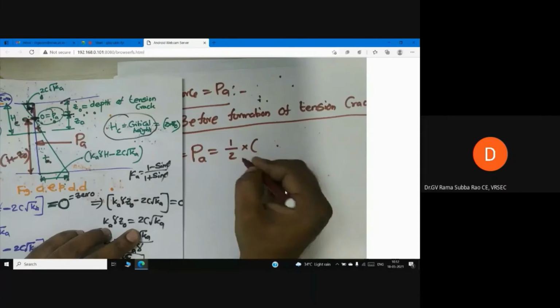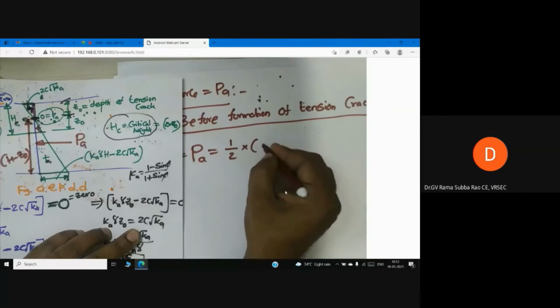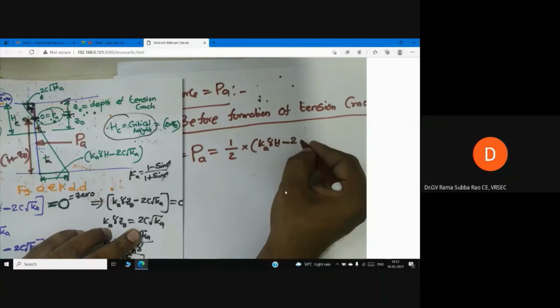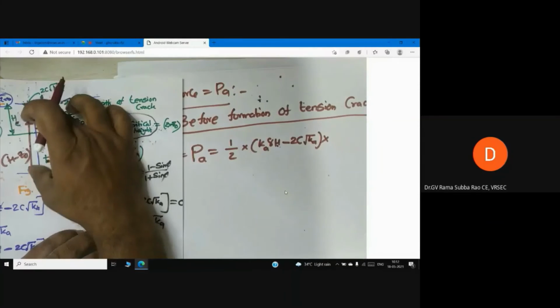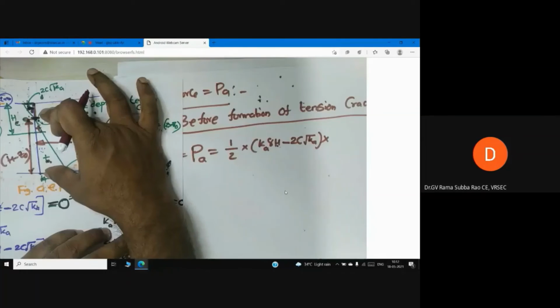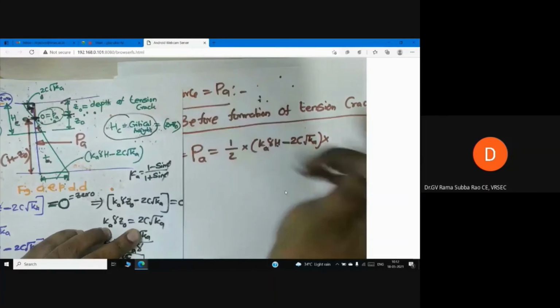How to calculate base into height now? I have the base now: Ka gamma h minus 2c root Ka. This is base. What about height now? Height is how much? What is height now? Maybe my fingers are obstructing you. H minus Z0.